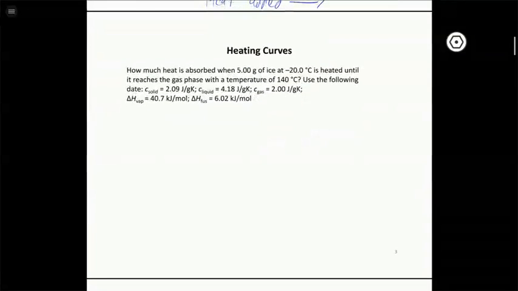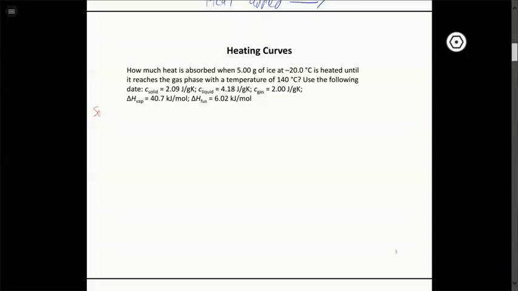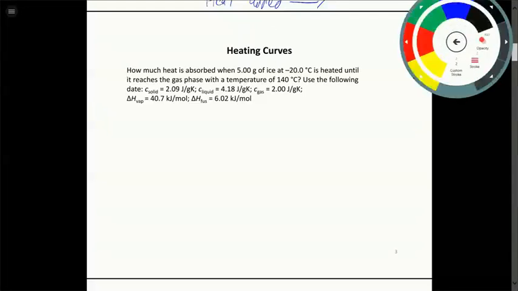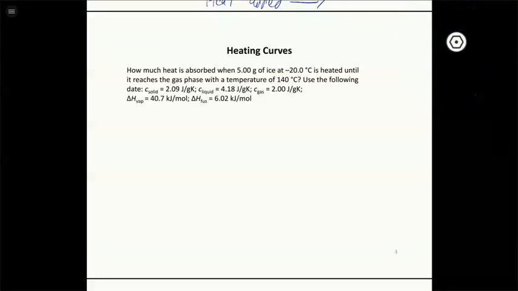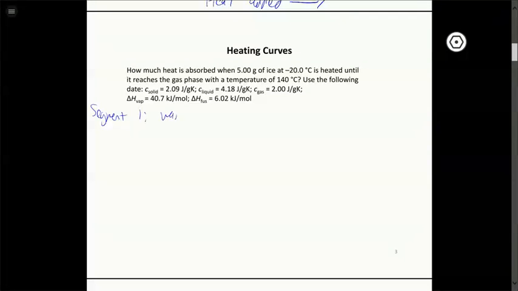So we're going to divide it up into the different phases, or the different segments, I guess you will. All right, so segment 1, I won't use the word phase because that'll confuse us when we talk about phase changes. So segment 1 of this process is going to be, as we showed, we're going to warm the ice from minus 20 degrees Celsius, which is what we're starting at, to the phase change temperature, which is 0 degrees Celsius.